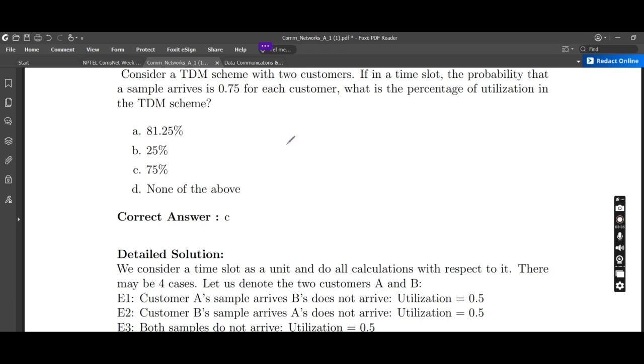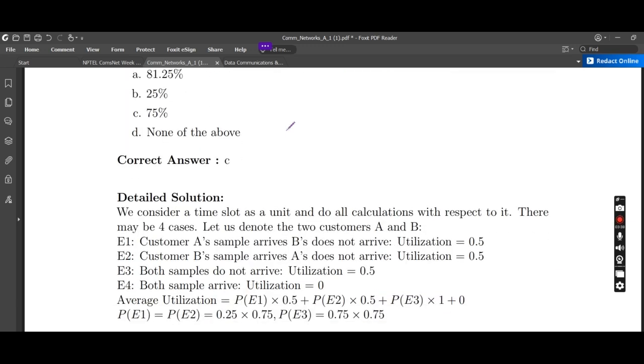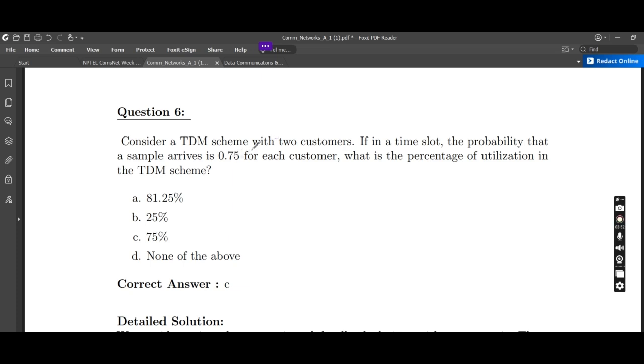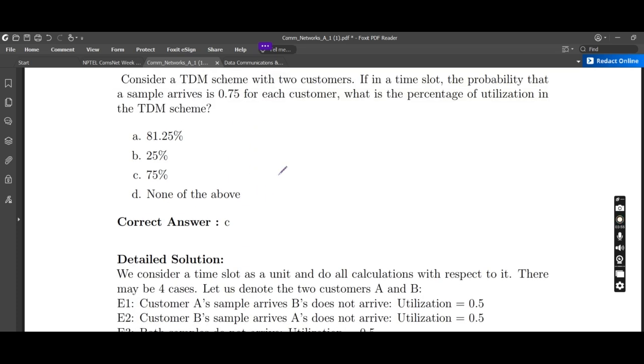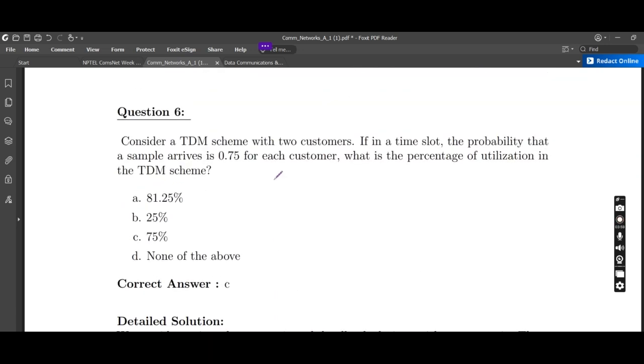Only in the case that both samples arrive, since there is a TDM, so they can accommodate both customers. If both customers do not have packets to send, there will be no utilization.